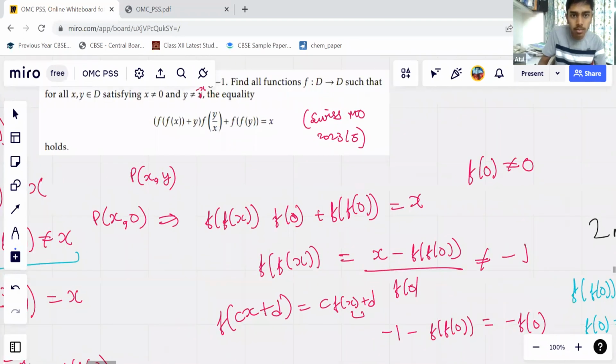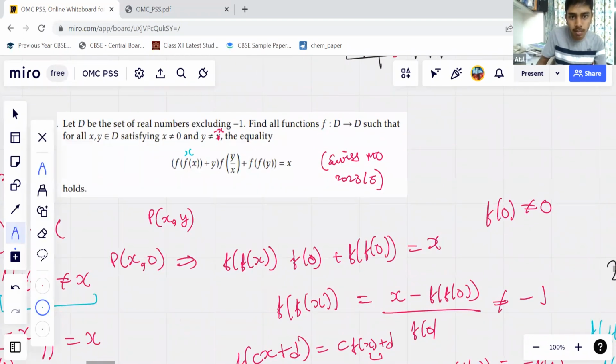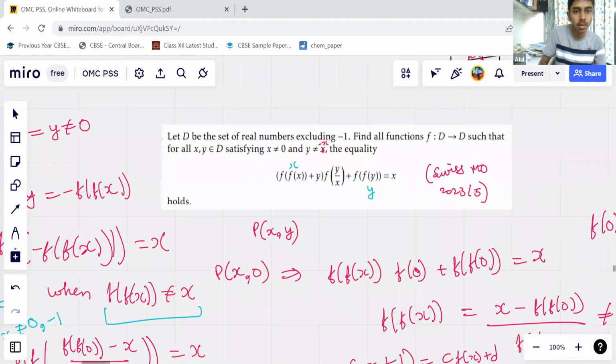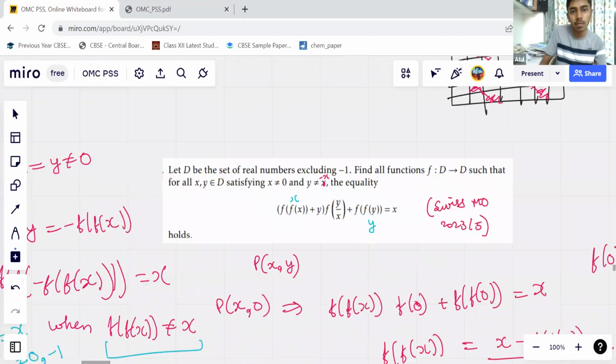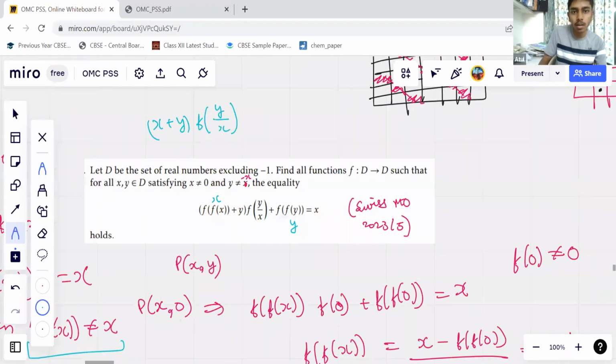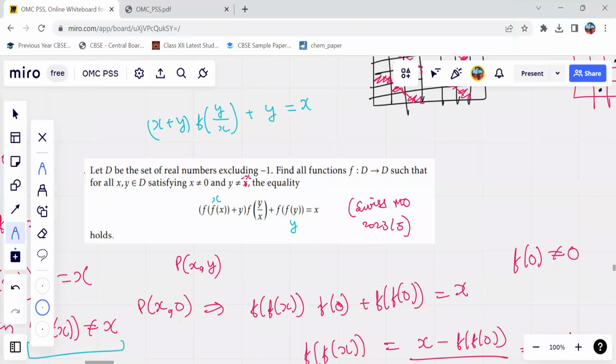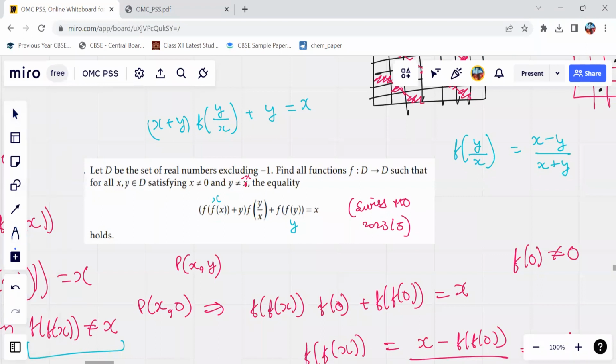Does that help us? Okay, this definitely becomes x plus y. This becomes y. So x plus y times f of y by x plus y equals x. Did we guess the function? No, but we're basically done now, right?